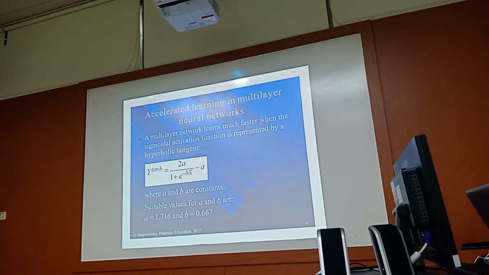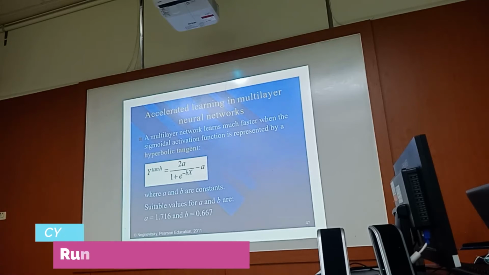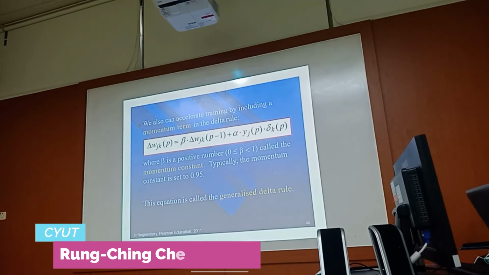This is a function, hyperbolic tangent, where a and b are constants, with suitable values for a and b. The transfer function may be like this, and then we can also calculate the training by including a momentum term. Momentum term, that is a constant value.